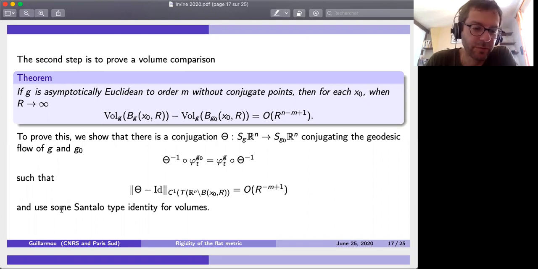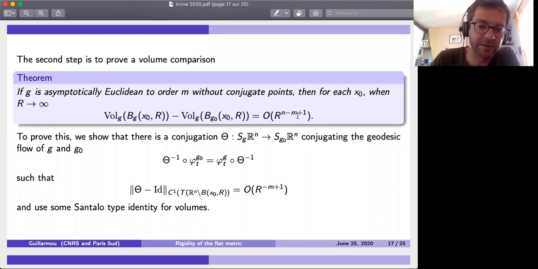And then one can use some sort of Santalo type identity, where you compute some volume in terms of disintegration along geodesics. Using this, essentially, you arrive at that estimate. So you see that, for instance, if m is very large, it means that the volume of a large ball for the G metric is extremely close to the volume of a large ball for G0.